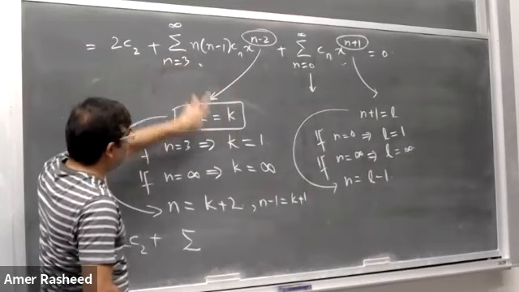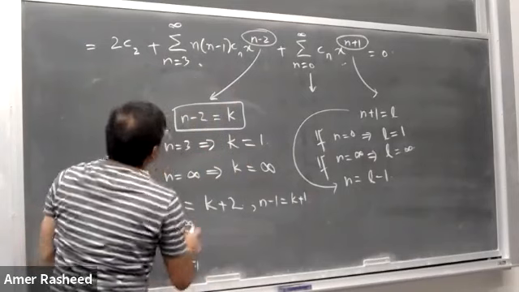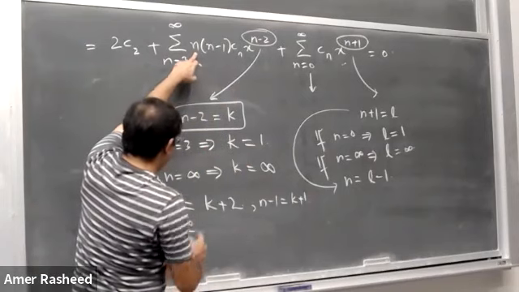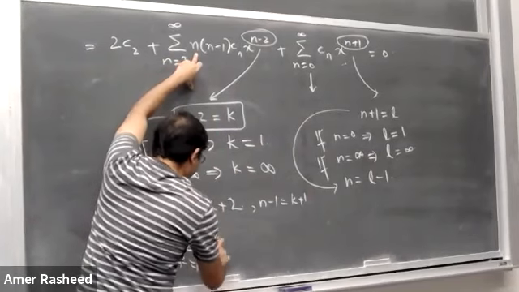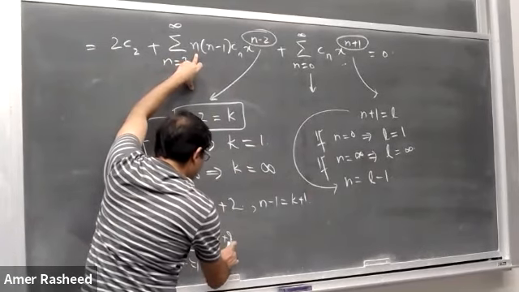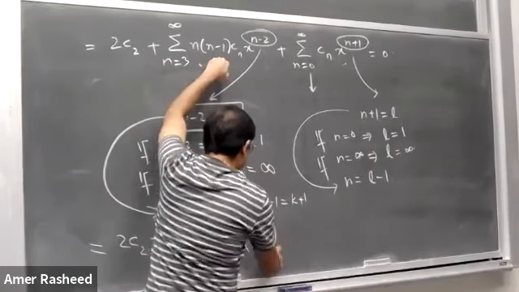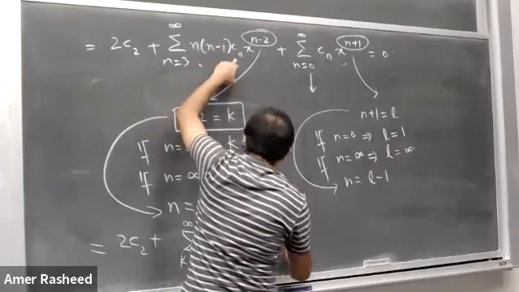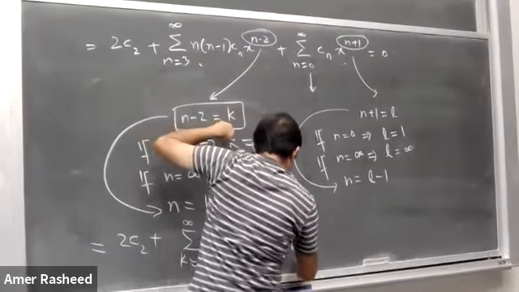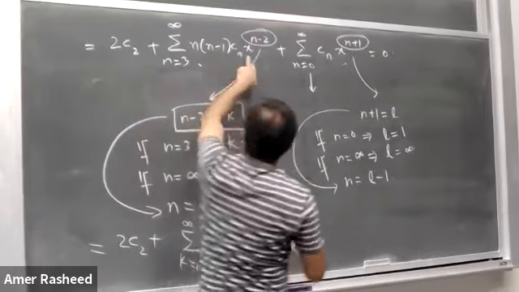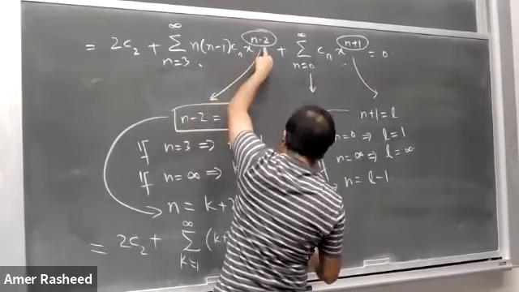If n is 3, k is 1, so it starts from k equals 1 to infinity. Instead of n, we put k plus 2, and n minus 1 is k plus 1, and c n is c of k plus 2, and x to the power n minus 2 is x to the power k.